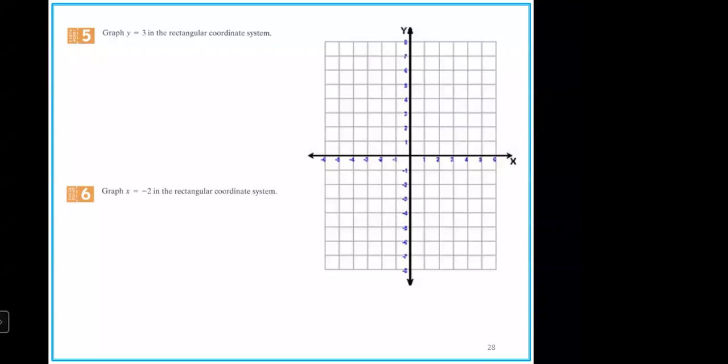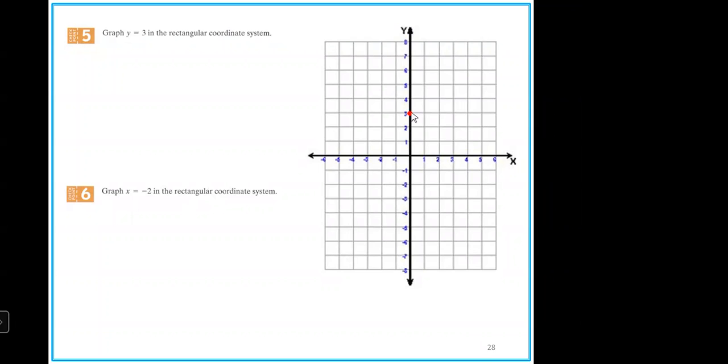Vertical, if it passes through 3 on the y-axis. I didn't hear you. Okay, I'm asking you, you said it's going to pass through 3 on the y-axis, so I marked it right here. So is that going to be a vertical or horizontal line when you draw it?